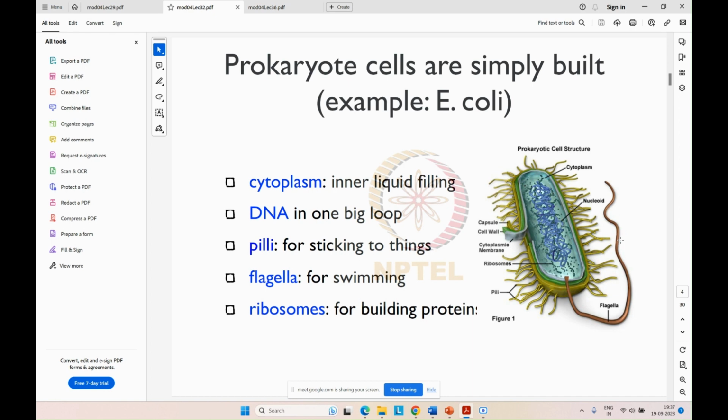The only other defined thing present inside the bacteria is ribosomes.